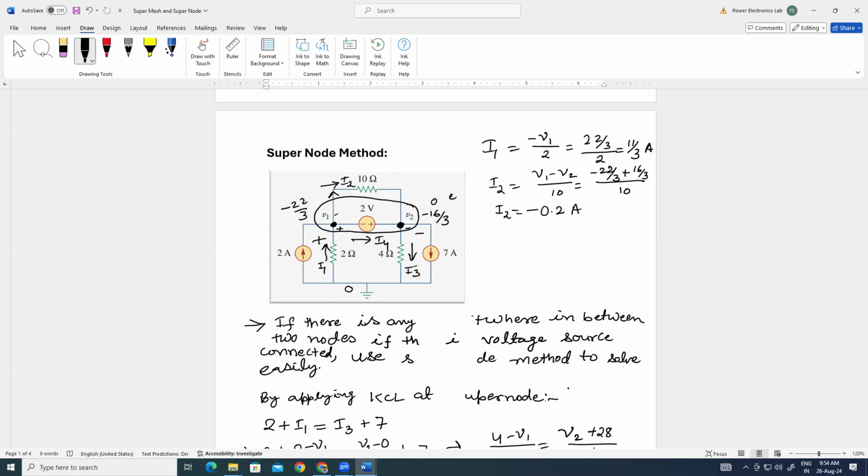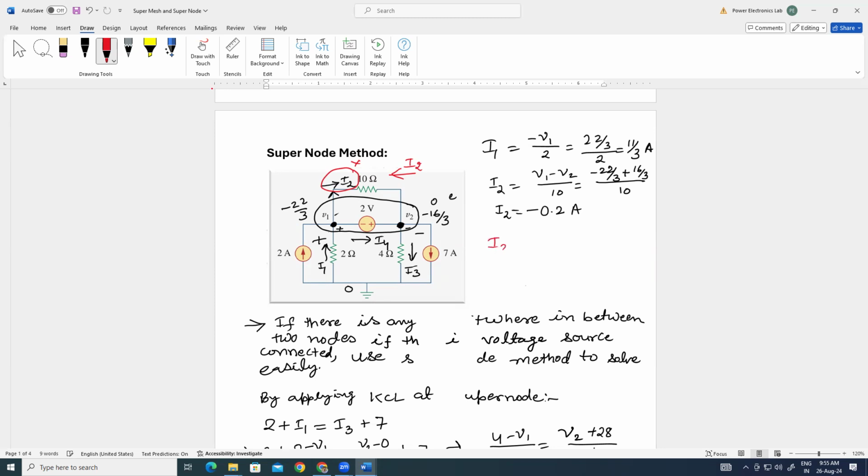So the direction we assumed for I2 is not correct. Because we are getting a negative value of I2, the actual direction of current I2 will be in this way.